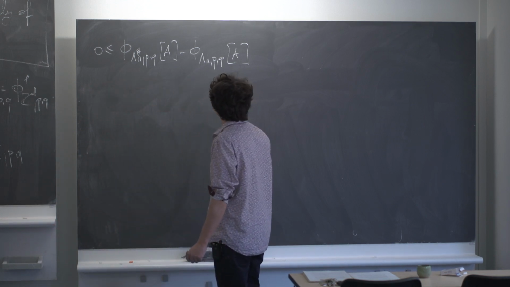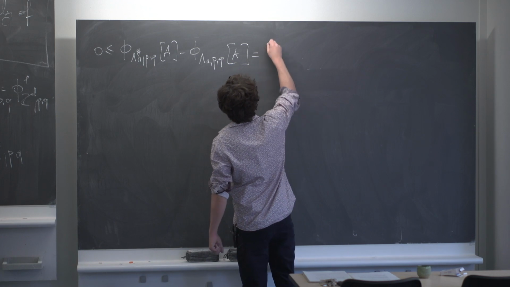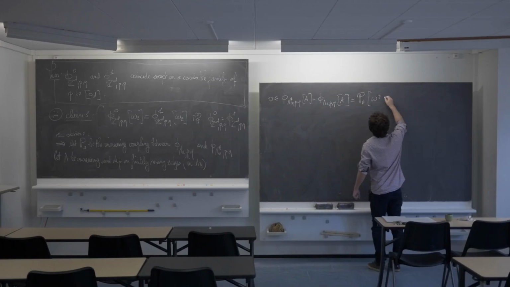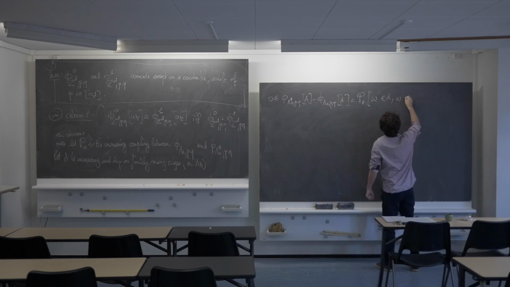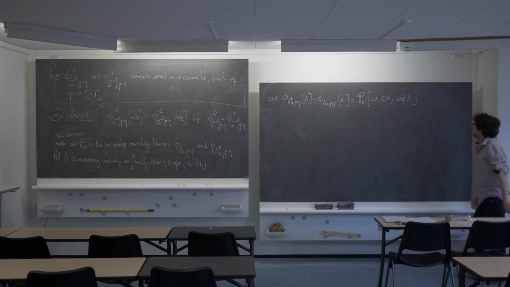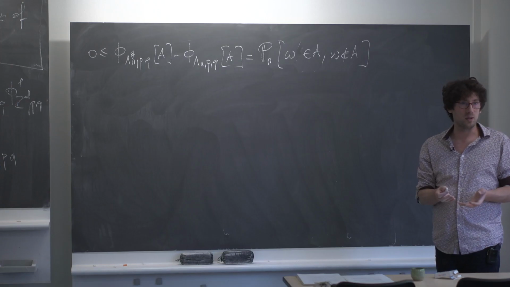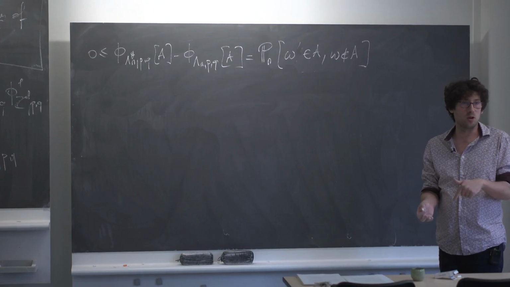and A is increasing. But here, I can also say this is Pn of omega, let's call it ghost, belongs to A, and omega doesn't belong to A. So the big configuration belongs to A, but not the small one. For this to occur, it's clear that one edge in the box of size capital N must be open in omega prime and closed in omega.